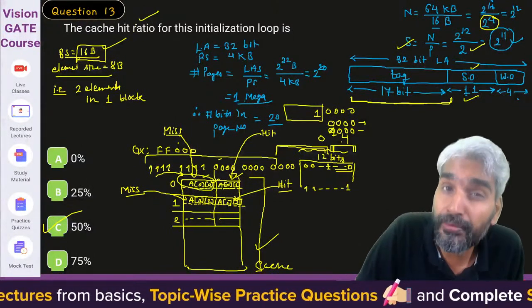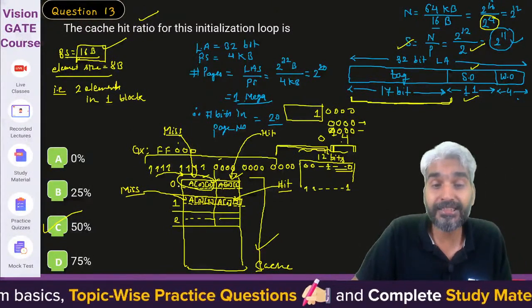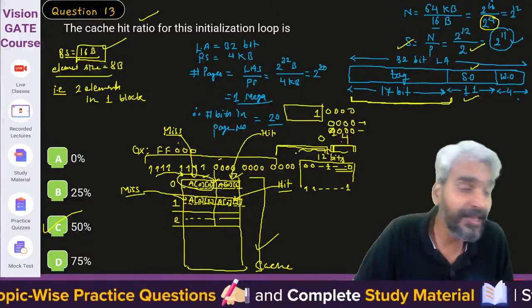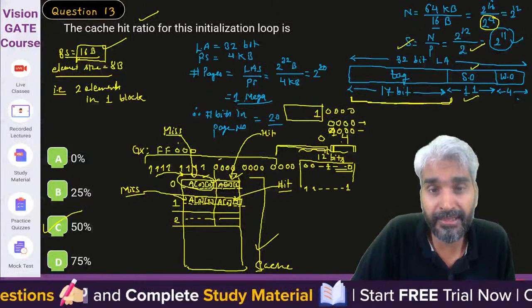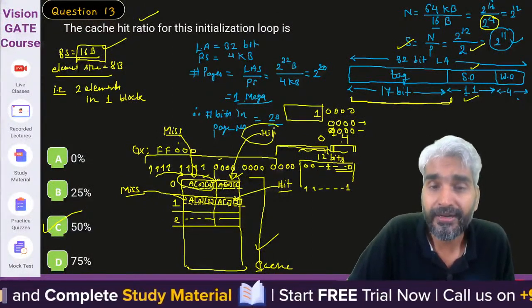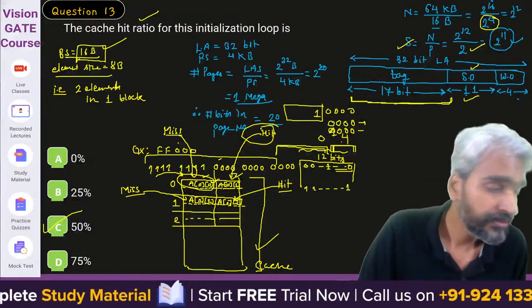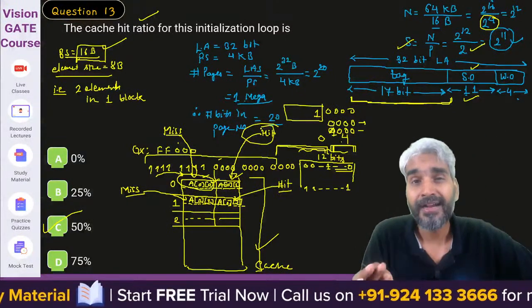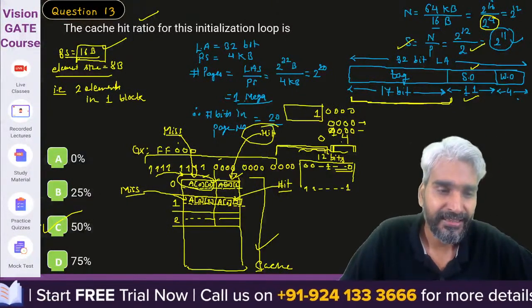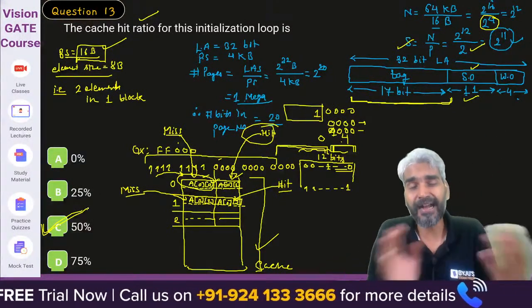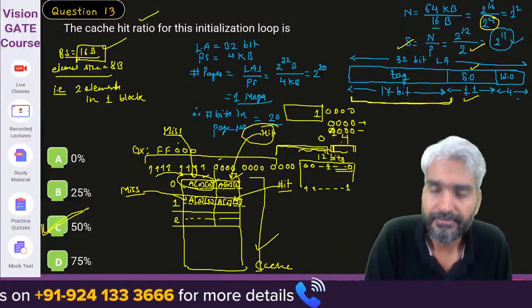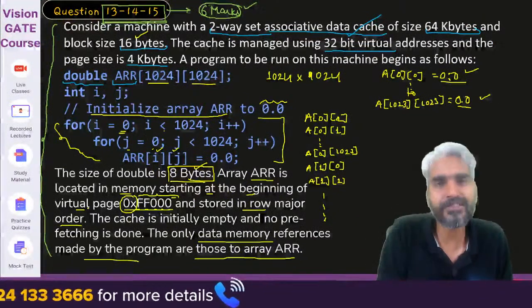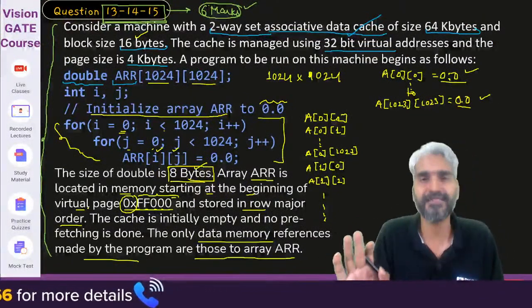It is stored in row major order. Therefore, when A00 comes into the cache, A01 also comes. So for A00 it will be a miss, but for A01 it will be a hit. The correct answer is 50%, alternating miss and hit. Clear? So that's the very first question, how the data will be accessed.